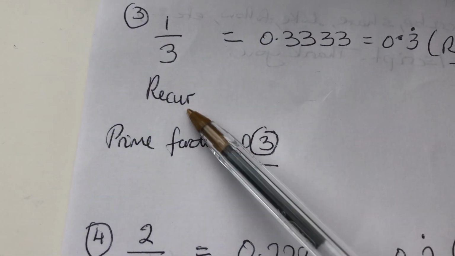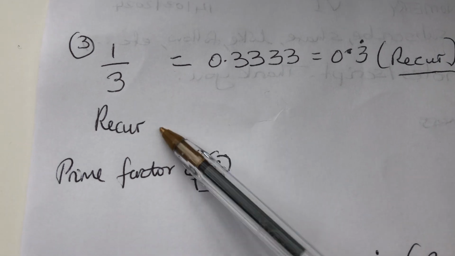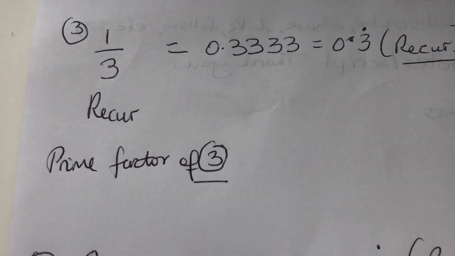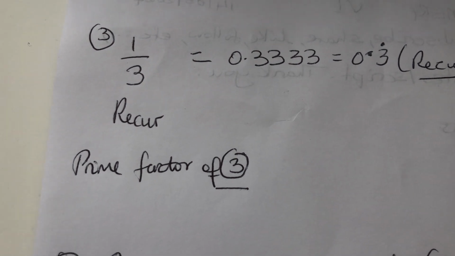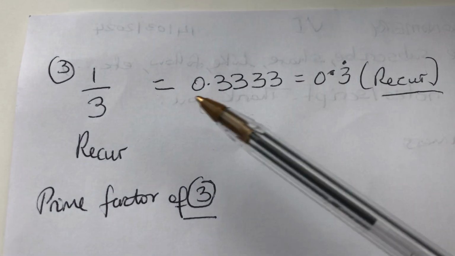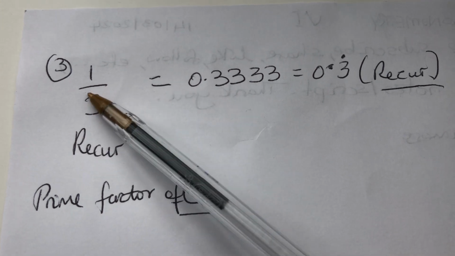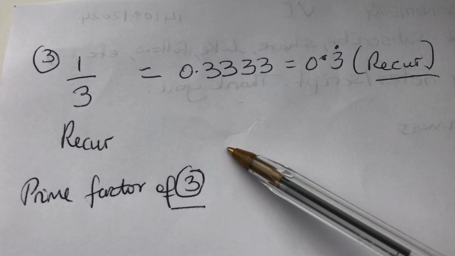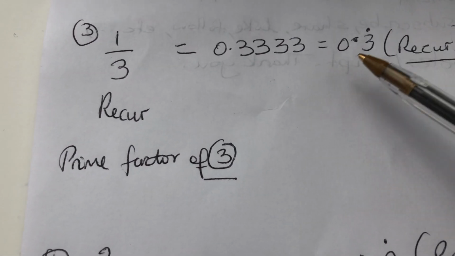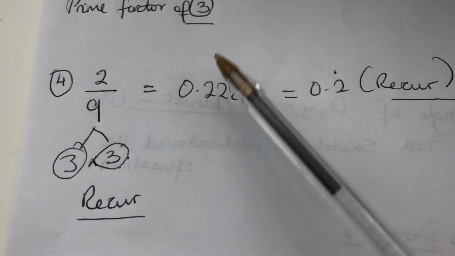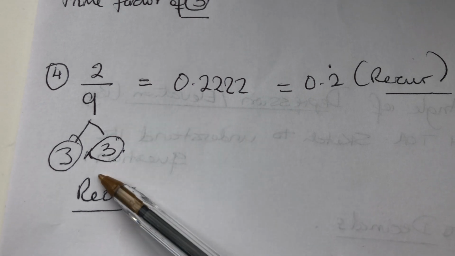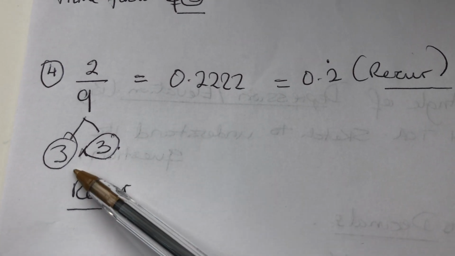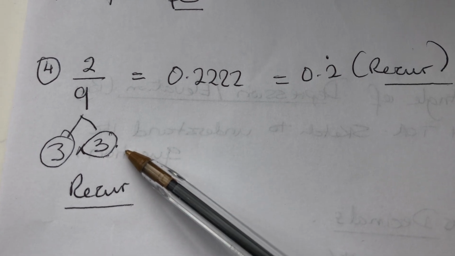Now, if they ask you which of the fractions recur, you say that because this has a prime factor of 3, that is the reason why it's recurring. Again, 2/9 is going to recur because the prime factors here are 3 and 3.